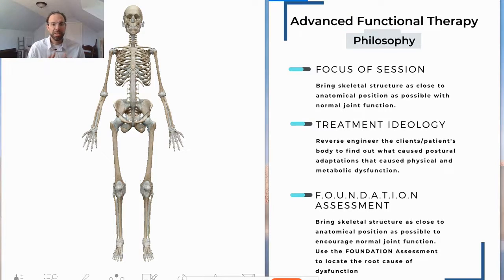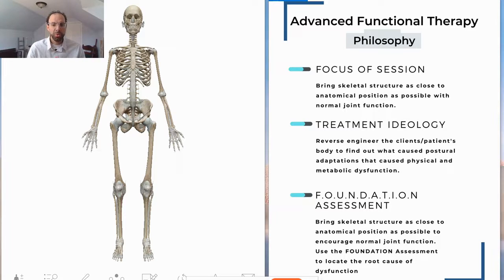Is their skeleton in this position? What I'm doing is looking at their patterns of dysfunction and seeing how can I restore those patterns of the joints that are not functional. How can I bring them back to normal joint function?